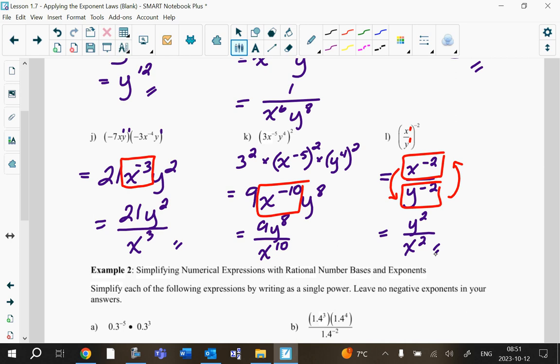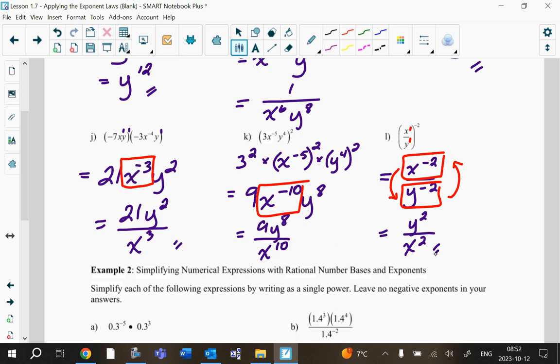We did the exponent laws first, and then we changed any negative exponents at the end. Don't change negative exponents at the beginning because it'll get very messy. Do your exponent laws. Any negative exponents move down or up and become positive.